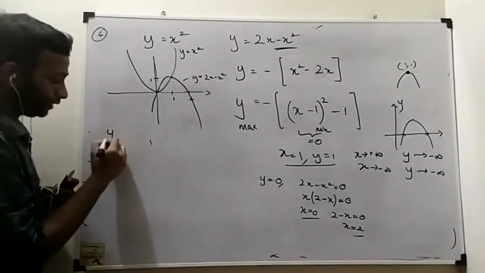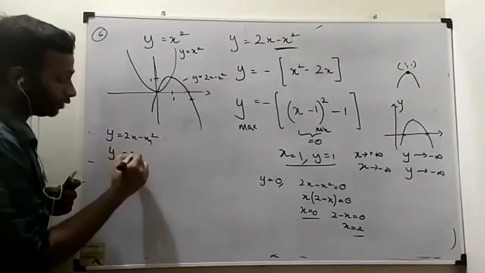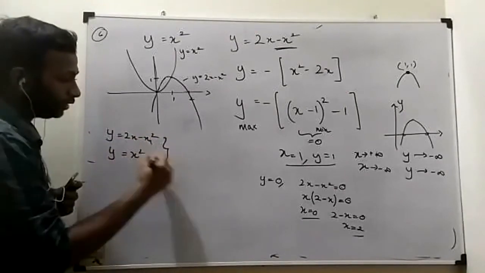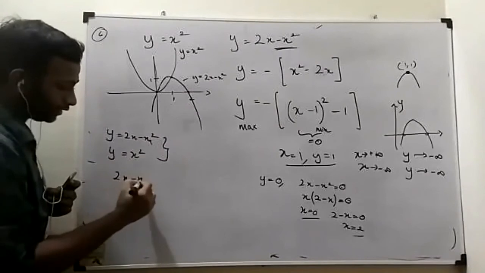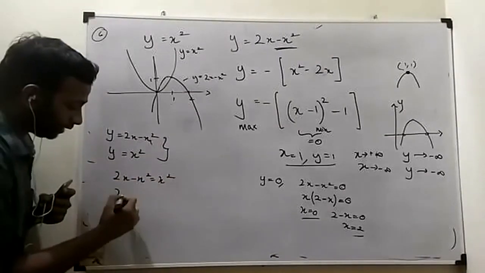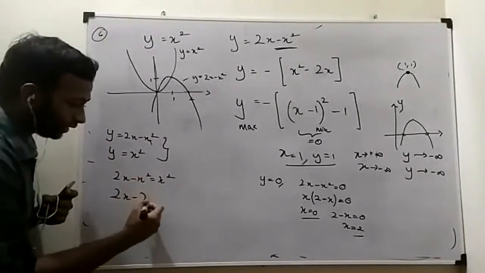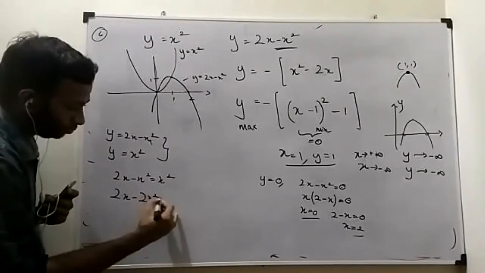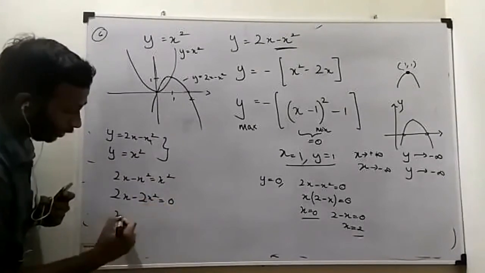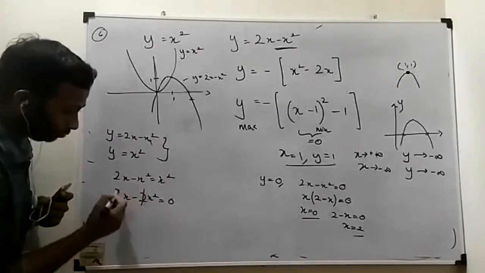We equate y equals 2x minus x squared and y equals x squared. If you equate these two, we get the answer. 2x minus x squared is equal to x squared. So if you get both of them to the same side, 2x minus 2x squared is equal to 0. You can just cancel the 2, because it's 0.